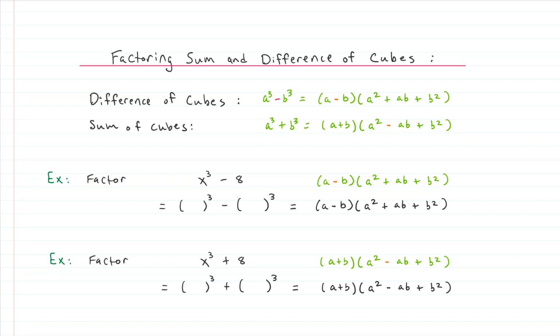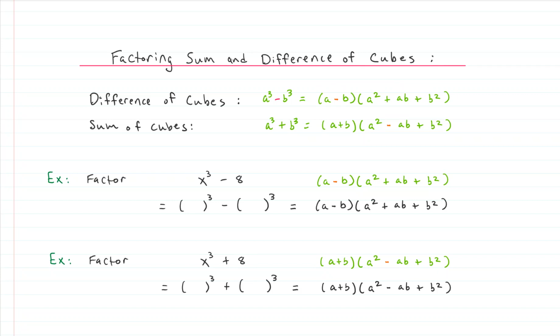So the two formulas here are, one, a cubed minus b cubed. Once we have that, we can factor that into a minus b quantity multiplied by the quantity a squared plus ab plus b squared.